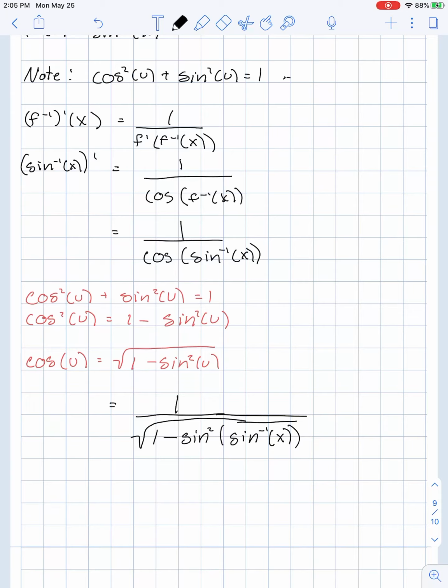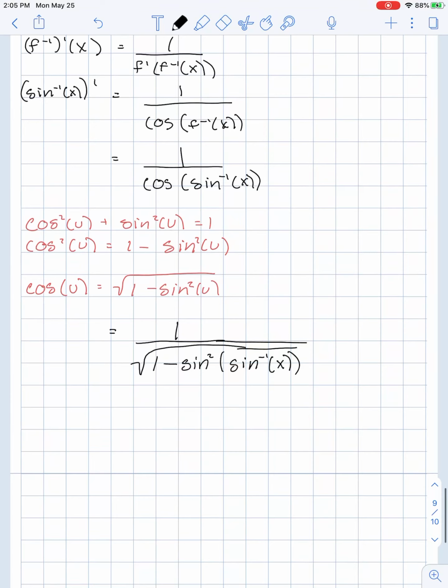So how can I simplify this? So sine of sine inverse will just give me x, and that squared is saying that I have 2 of those. So I can rewrite it, just because it's going to make it a little clearer. 1 minus sine of sine inverse squared.